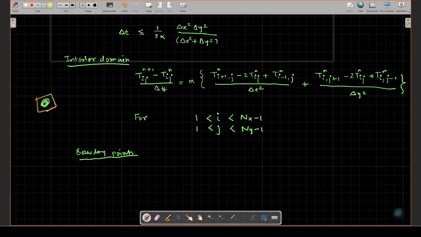The first boundary is at y equals 0. At y equals 0, T equals T naught, whatever T is there.